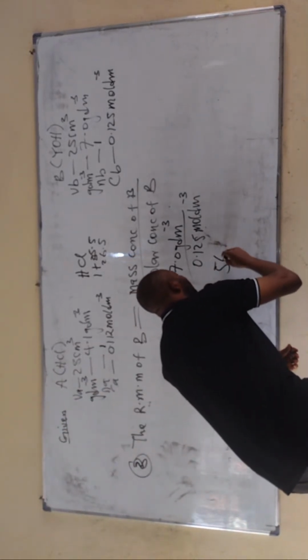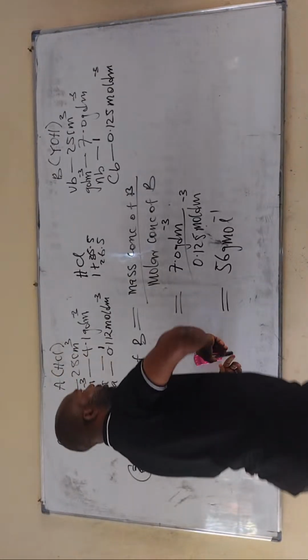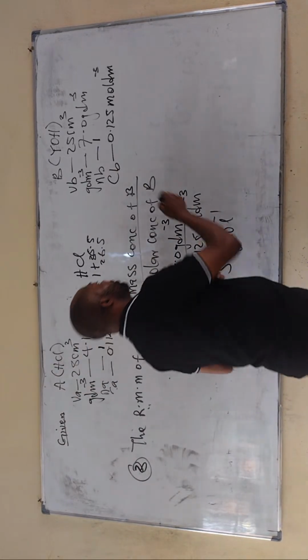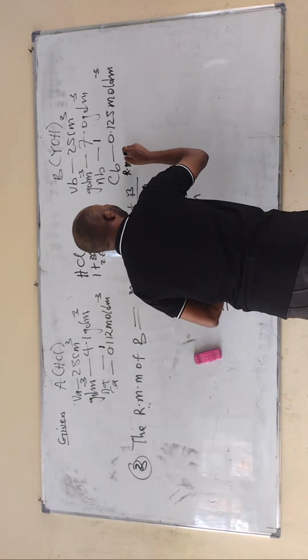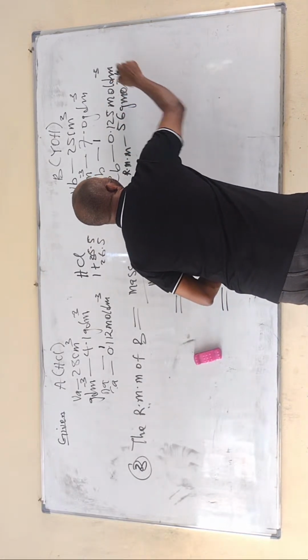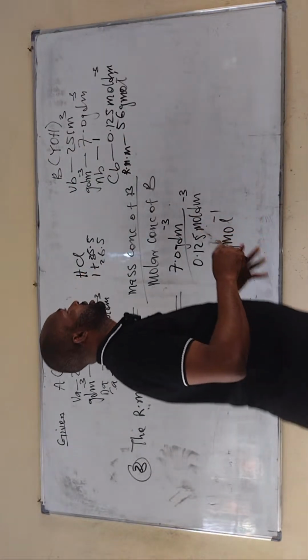So 56 g/mol. Now, the relative molecular mass of the whole compound, let me put it here, RMM, 56 g/mol, means the relative molecular mass is 56.